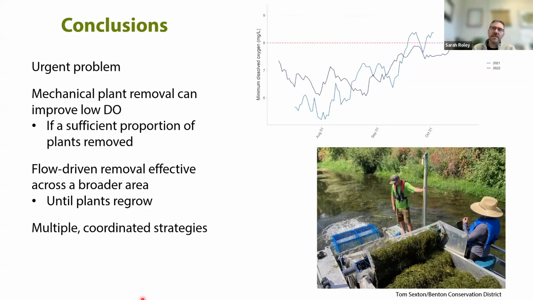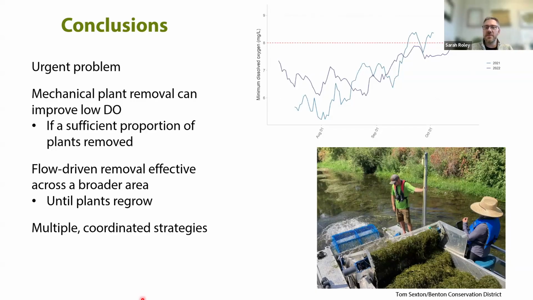And so one thing that we might want to consider is not looking for the silver bullet here, but rather that we might look at doing multiple coordinated strategies to try to address this problem. Because it may be that not any one strategy will be effective for all the water stargrass biomass problems across the entire year.